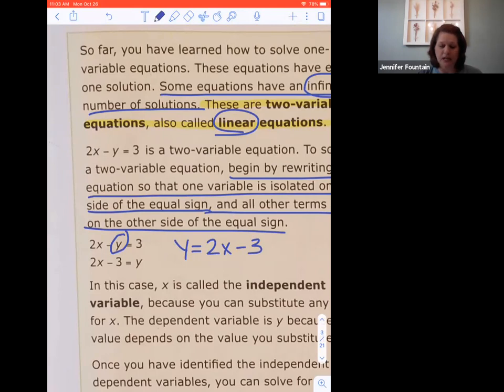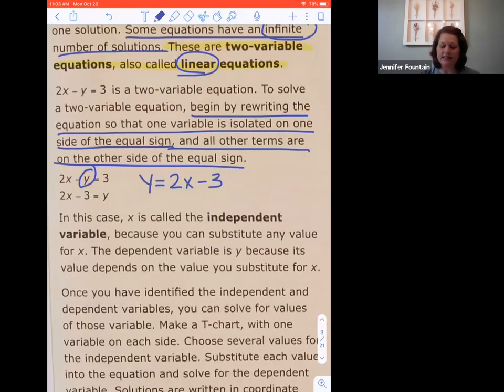Any questions on that so far? Okay, and it says in this case, x is called the independent variable because you can substitute any value for x. So if I wanted to say, let x equal something, I could plug that in right there for my x value.